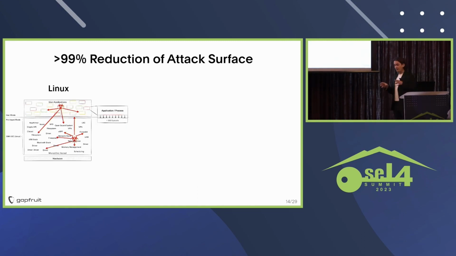Now, I want to come back to this claim, 99% reduction of attack surface. Y'all probably wouldn't be here if you didn't know about some of the shortcomings of today's operating systems. But just to be on the same page, the Linux kernel consists of millions of lines of code where each line is critical, each line you have to trust.